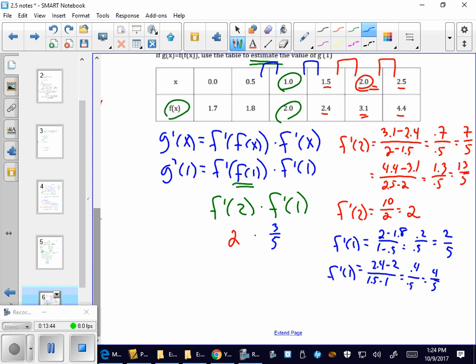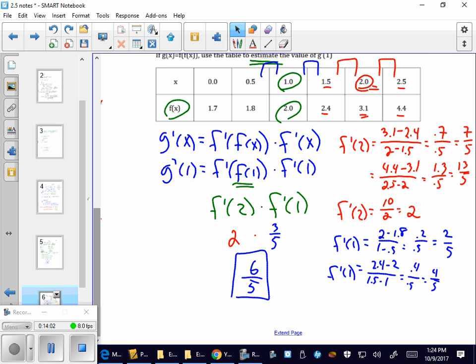So the approximate value of g prime of 1 here is 2 times 3/5, which is 6/5. That is your approximate derivative of g of 1, g prime of 1, excuse me. All right, so approximate differentiation, there's an example of that.